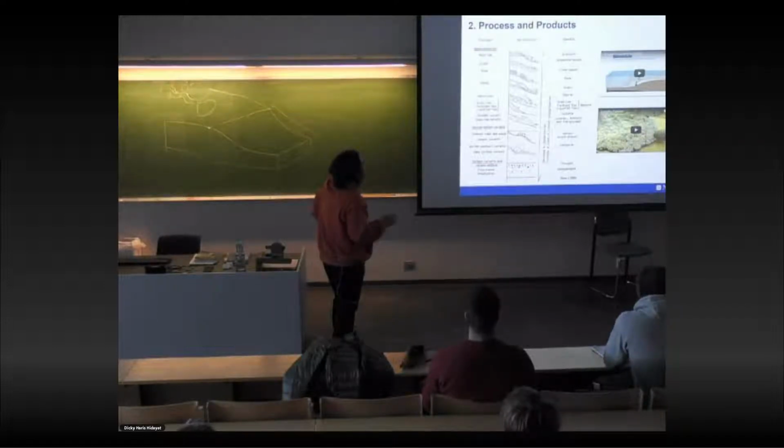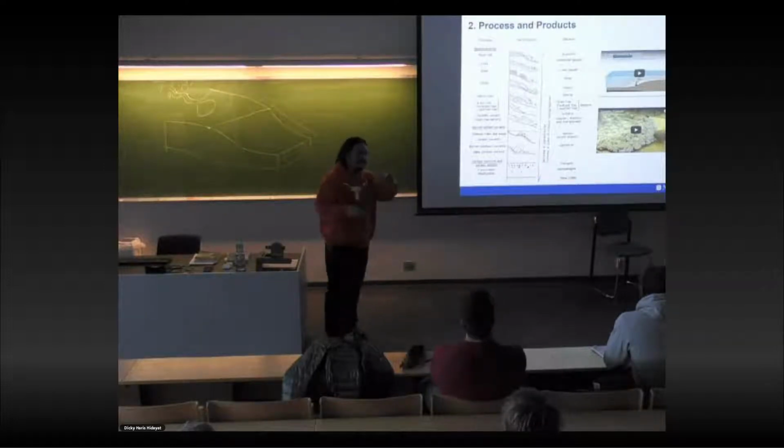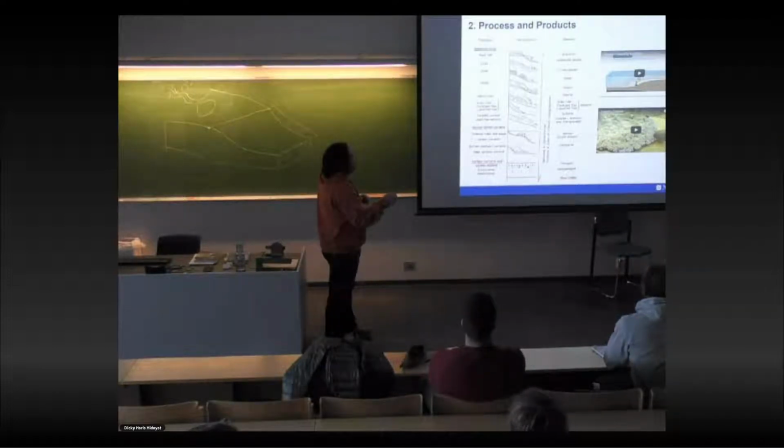So you see, this is the process that appears in the deep marine, then this is how it looks in the diagram, and this is the products. So what we want to do next in the qualitative and the quantitative interpretation is relate these processes and characteristics using seismic and then the deposits.